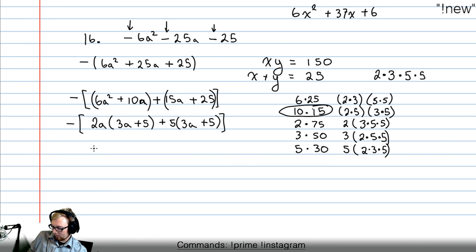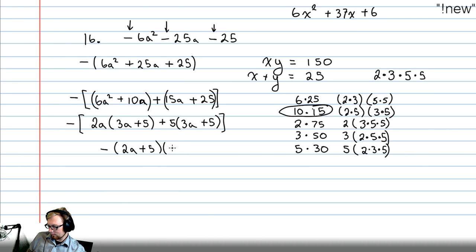Put it off with a parenthesis in a bracket. And so you're reducing down to your final? You have 2a, no plus, there would be no plus. And your second pair would be 3a plus 5. Good.